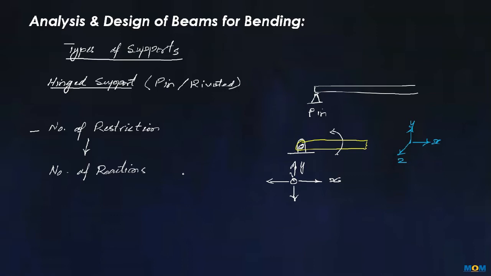So if you have a pinned or riveted beam, the number of reactions you have to calculate would be 2, in place of this support to show the free body diagram.